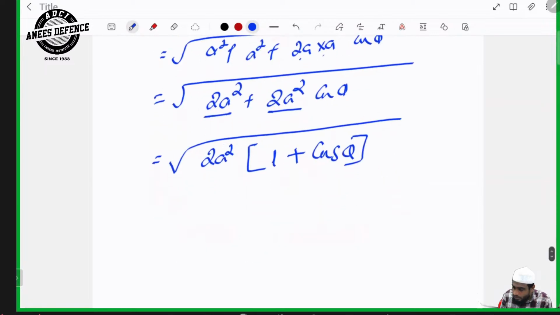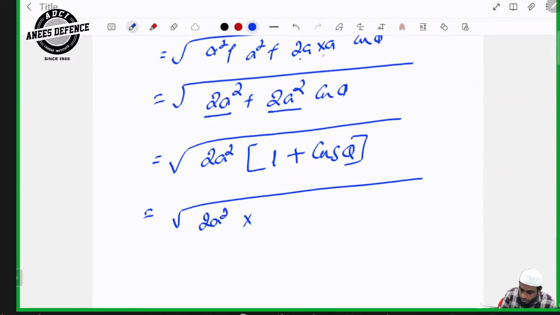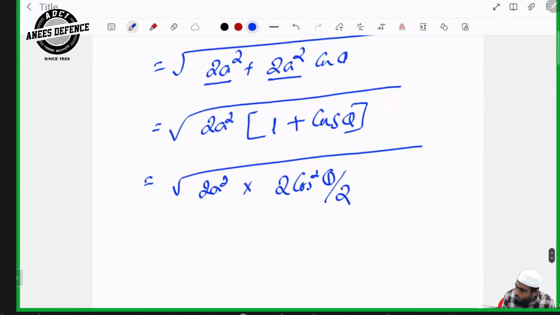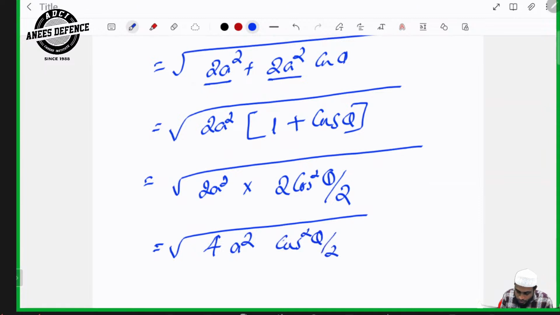What is 1 plus cos theta? 1 plus cos theta, 2A square. 1 plus cos theta is 2 cos square theta by 2. So 2 into 2, 4. 4A square cos square theta by 2.